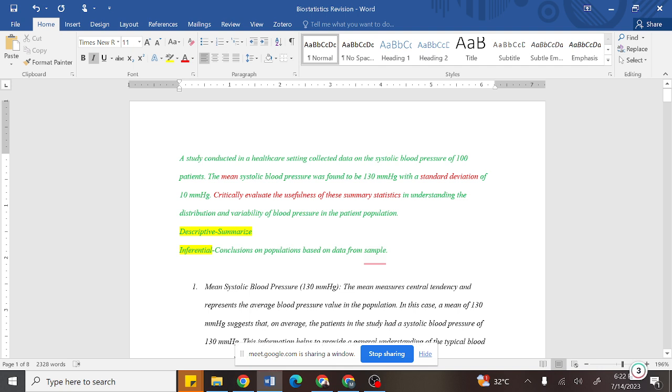Okay. So how you make conclusions on populations based on data from samples. This is to say that if we want to know the prevalence of hypertension in South Sudan, we are not going to measure everyone's blood pressure.